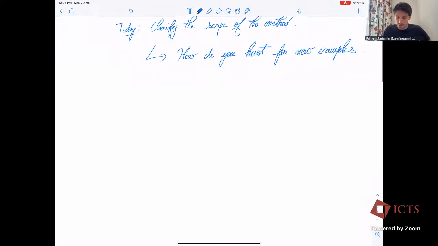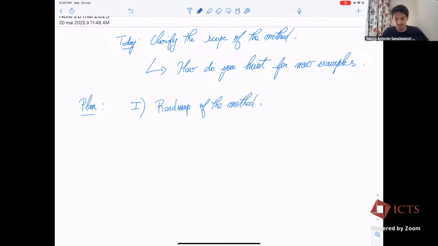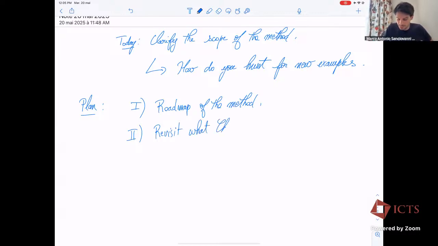All right, let me start by giving the plan of today's lecture. First, I will give a roadmap of the method, what are all the key steps, and then I will revisit briefly what Chris did. This is the baby case of the cyclotomic units Euler system.